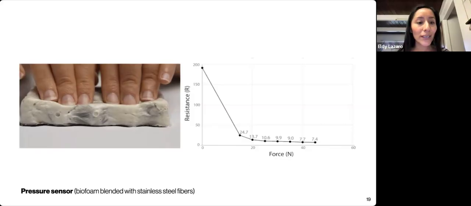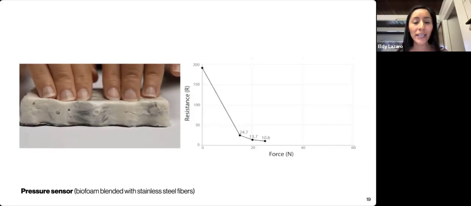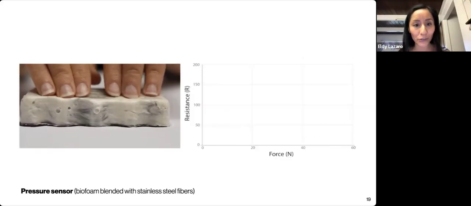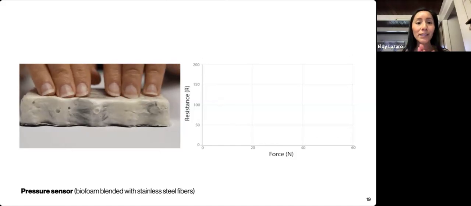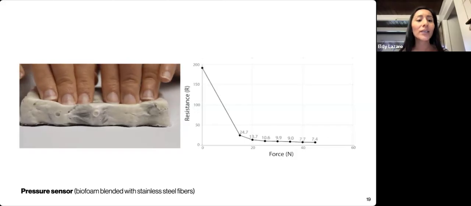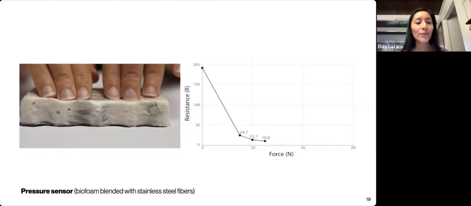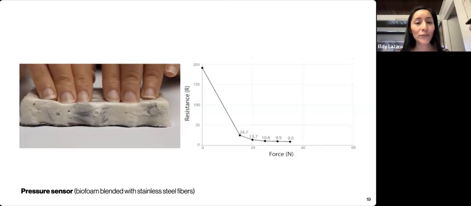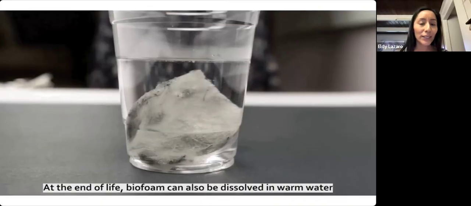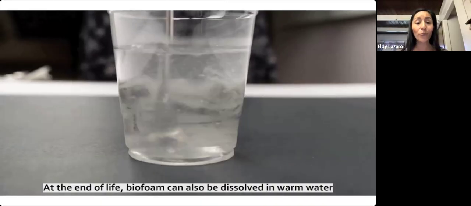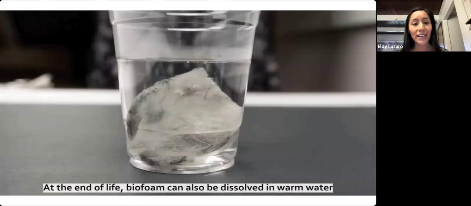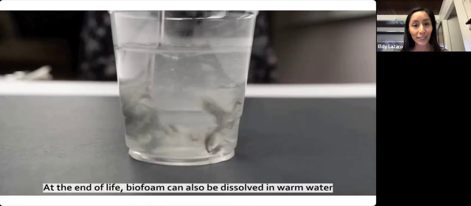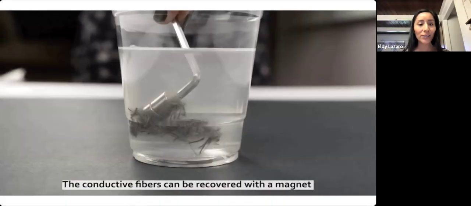We also incorporated in the biofoam some stainless steel fibers to make a pressure sensor. Something that's common in interactive textiles is that we work with sensors, and sensors are often soft. So by incorporating stainless steel in the foam, one of the good qualities is that gelatin biofoam can be dissolved in warm water, and that enables the reharvesting of the stainless steel fibers embedded in this pressure sensor.